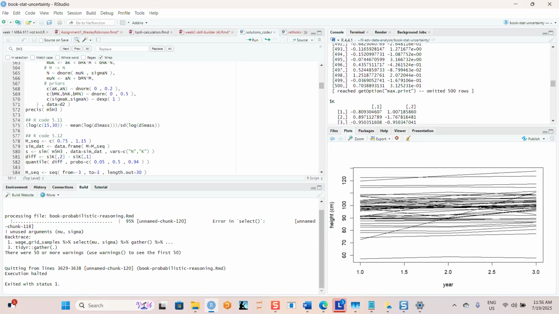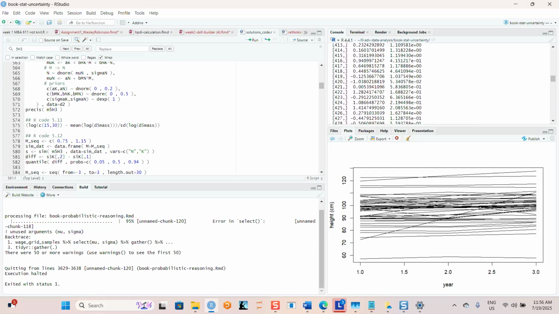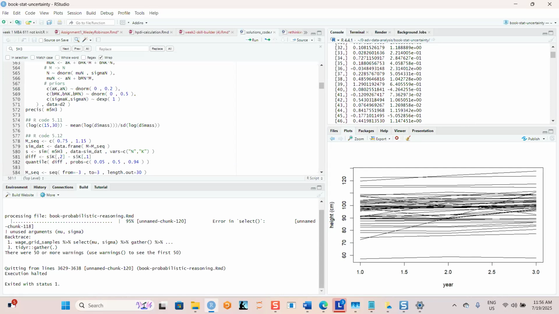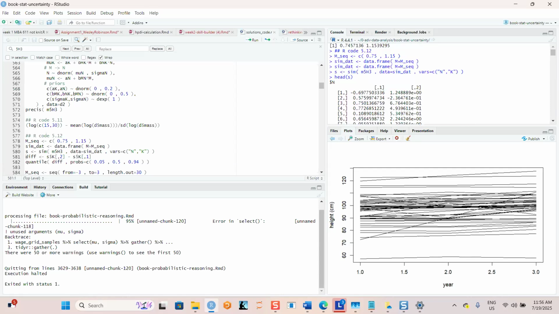And it has K being simulated. You can guess that this must be N simulated, because that's what we asked for. And 1 and 2 refer to 0.75 and 1.15.